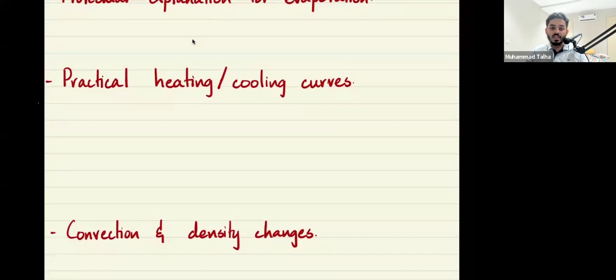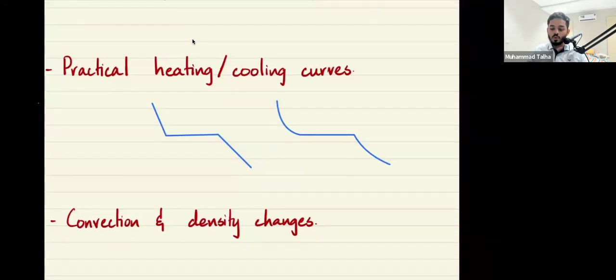The next idea is about practical heating and cooling curves. So in reality, if I make a cooling curve, it is not like this, rather it's like this, right? So you must be able to explain why this shape is actually a curve. And we will look at this in a question below.